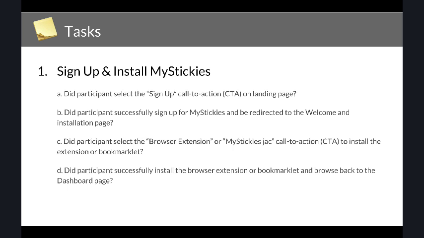The second question was, did the participants successfully sign up for MyStickies and be redirected to the welcome and installation page? The third question was, did the participants select the browser extension or MyStickies Jack call to action button to install the extension of Bookmarklet? And the last question was, did the participant successfully install the browser extension of Bookmarklet and browse back to the dashboard page?